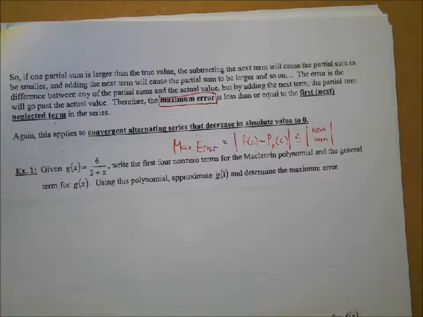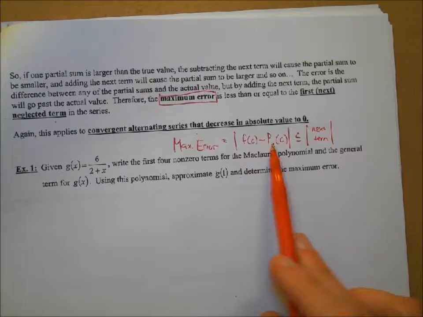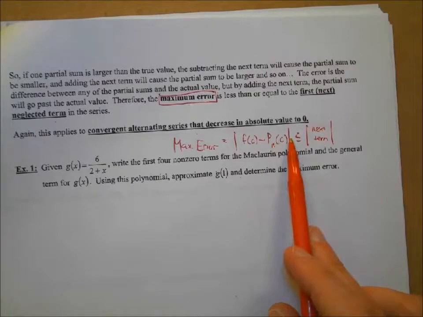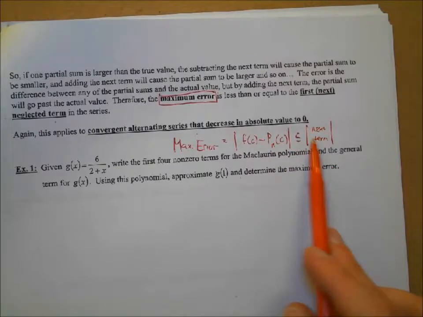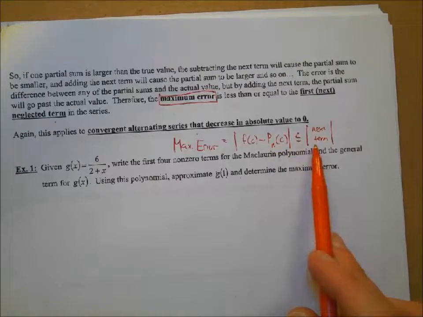So the difference between the actual value of the function at c and the estimated value using our Taylor polynomial will always be less than or equal to the value of the next term. In this case, it would be the n plus 1 term.